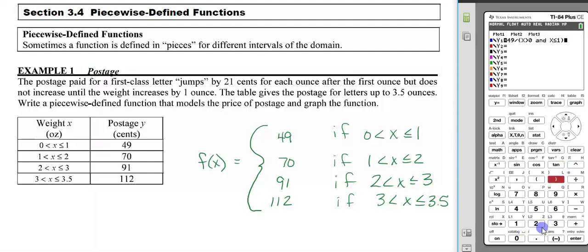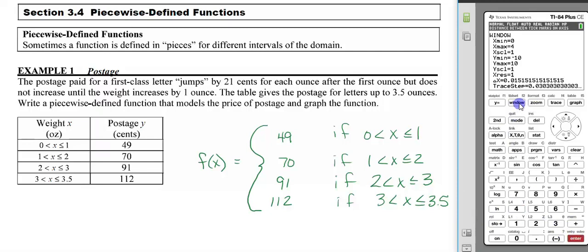Close that condition. And if I want to see this graphed in my window, let's say we set our window to be a minimum of 0, and we're going to go up to 3.5, so let's go to 4 as a max on the window.